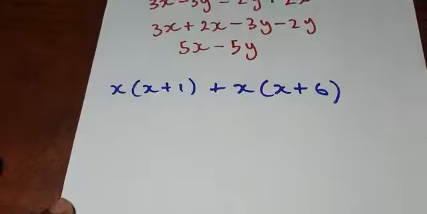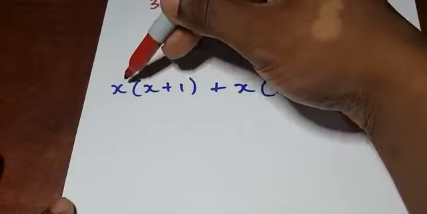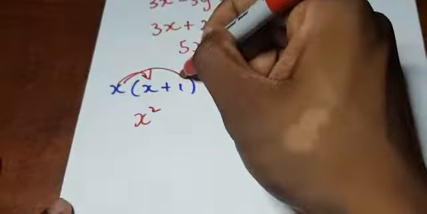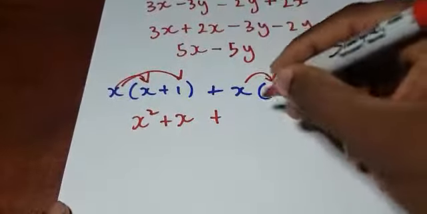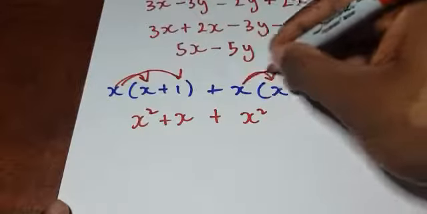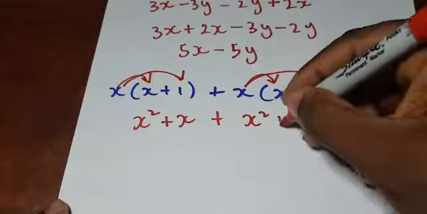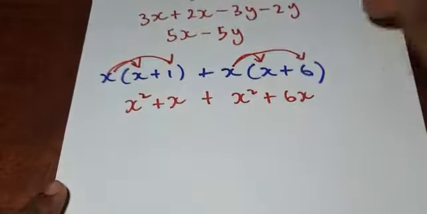Moving on to this problem here, we have x times x, as we have seen before, that is x squared, and then x times 1, that's x. Over here, x times x is x squared, x times 6 is 6x.